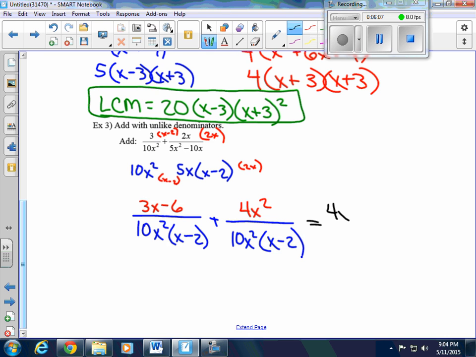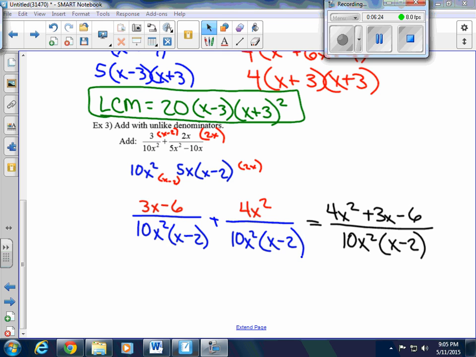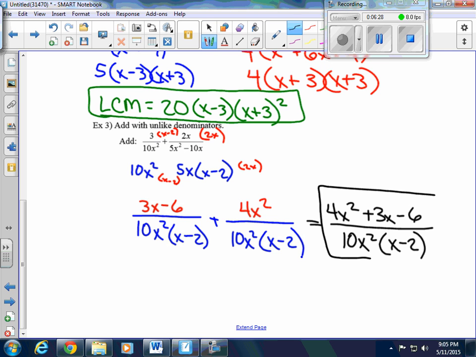So I'm going to get 4x squared plus 3x minus 6 over 10x squared times x minus 2. And this problem will not factor any further. So here is your simplified answer.